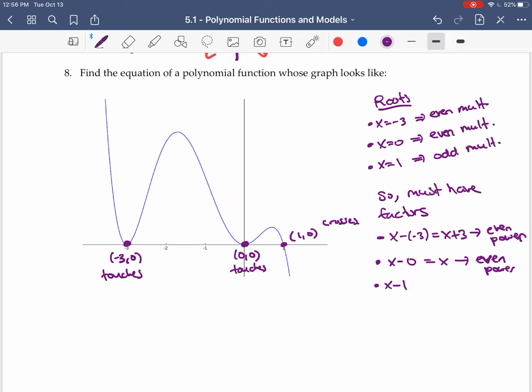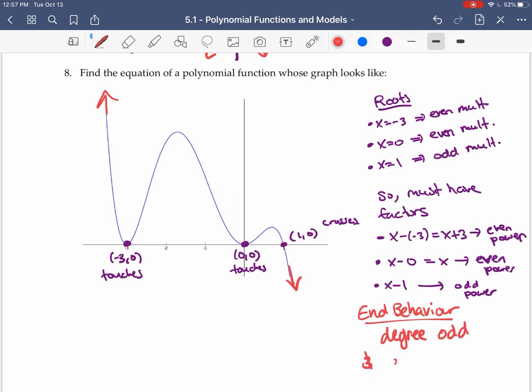And then I have x minus 1 as a factor, and this has to be an odd power because it crosses there. Okay, so also we know from here, so the end behavior, it leaves that way and comes like that. So the end behavior, we know that the degree has to be odd in total, and that the leading coefficient has to be positive.